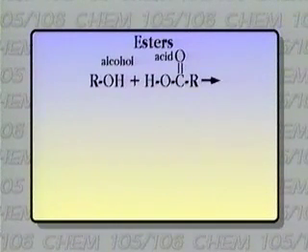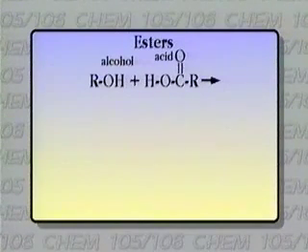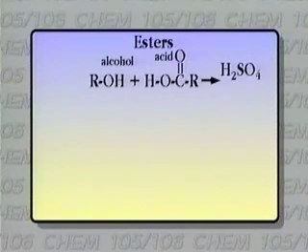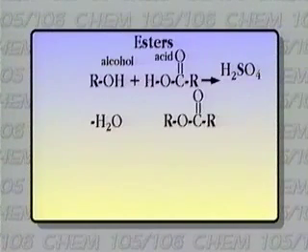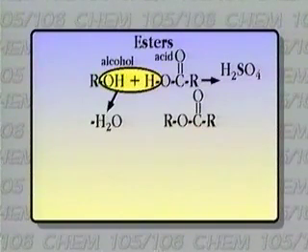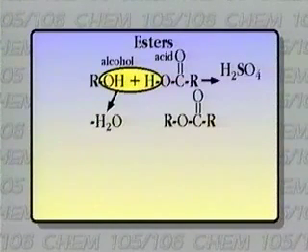If we react an alcohol and an acid in the presence of a dehydrating material, such as concentrated sulfuric acid, we will pull a molecule of water off from between these two. We can show doing this. We'll call it lasso chemistry here. We're going to lasso out a water molecule, so we're going to say minus H2O.